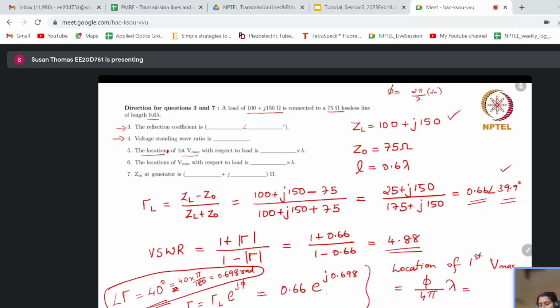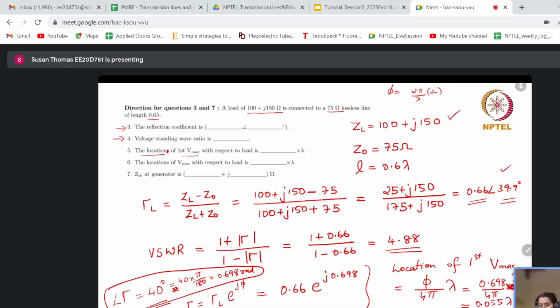So 0.698 divided by 4 pi, into lambda, will give me 0.055 lambda.